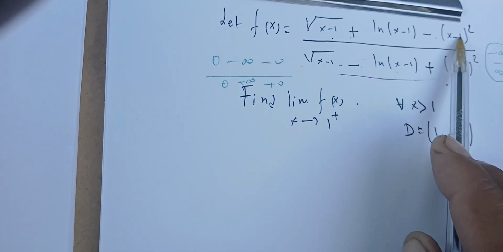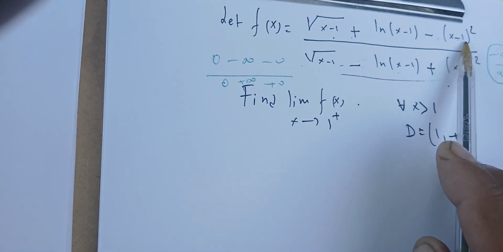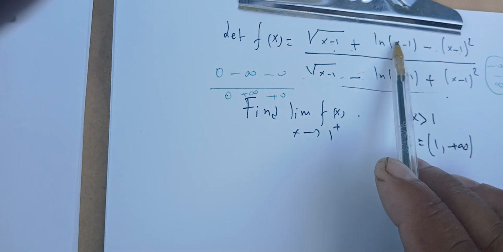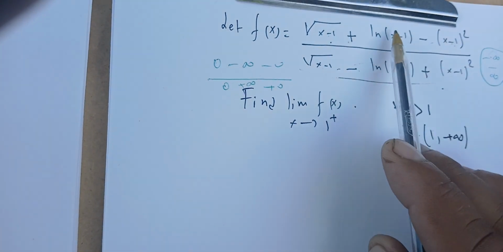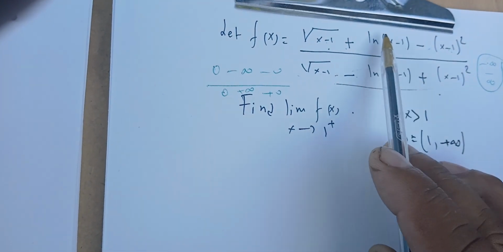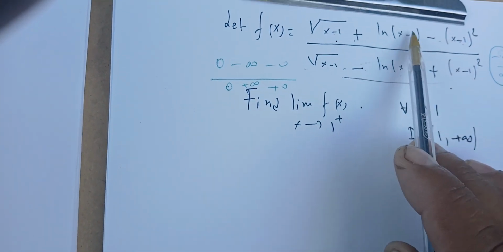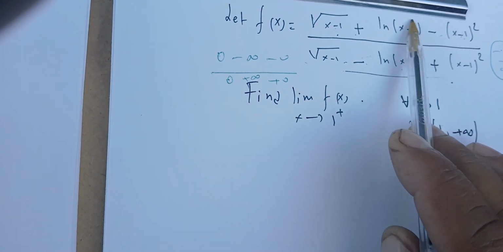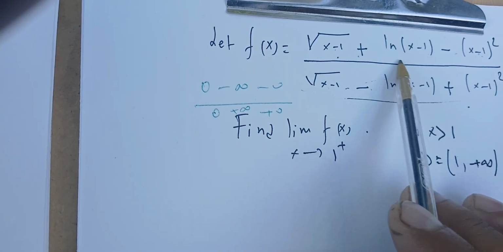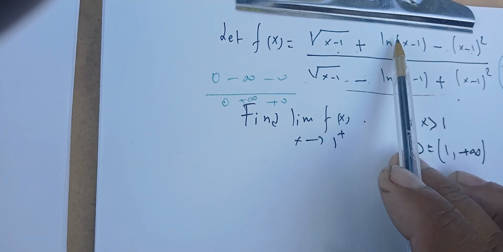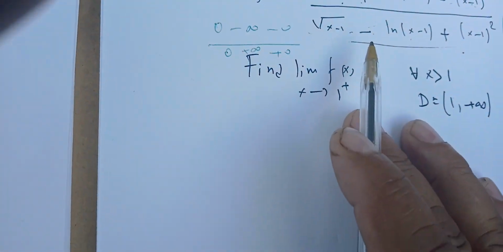If we divide by x minus 1 squared, we're still gonna have the problem. The only option that we have is that when we have a competition between the log and the power, the power always wins. So the natural log is the weakest link. Therefore we have to get rid of him. Okay, sorry log. Let's factor out the log here.